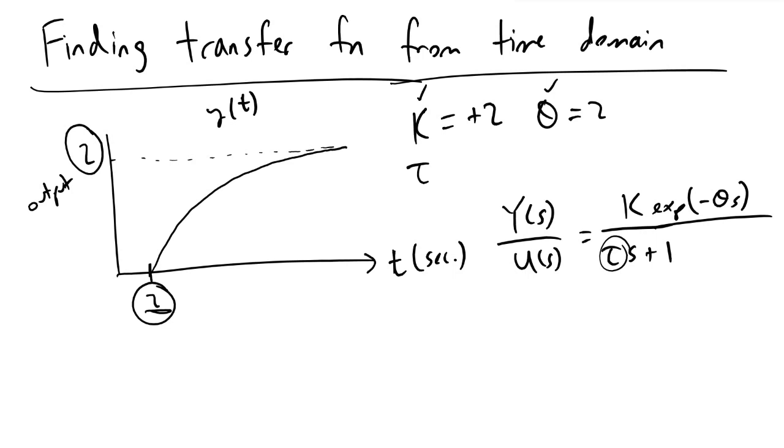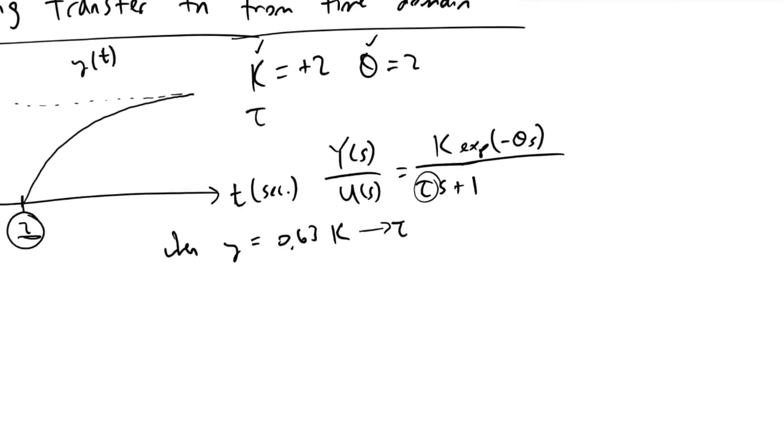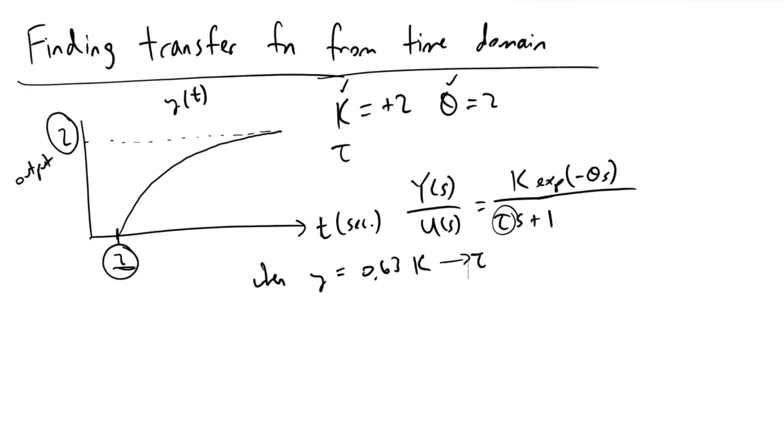And so when y is equal to 0.63 times the new gain, k, we can determine what tau is. In this case, we would multiply 2 by 0.63.